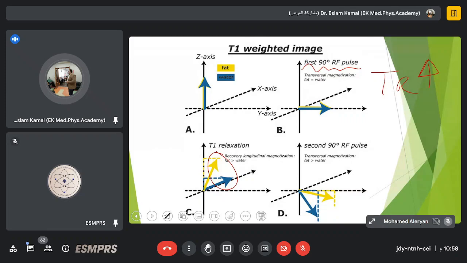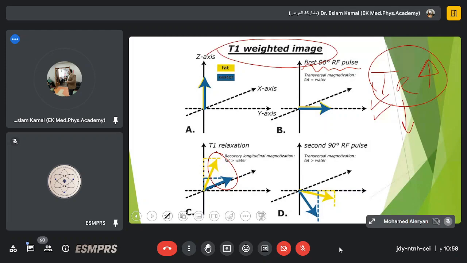If you select a long TR, you will not get any difference between fat and water longitudinal magnetization, so the image will not rely on the T1 constant or the difference in T1 between the tissues. So do you select short TR or long TR in a T1 weighted image? Short TR. That's why in a T1 weighted image we select short TR.